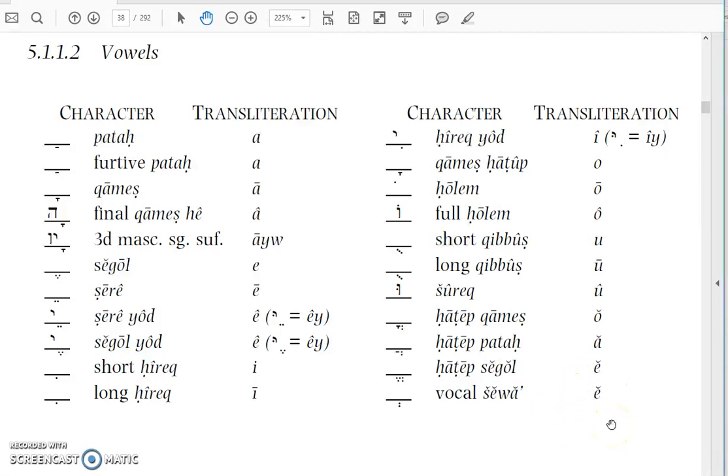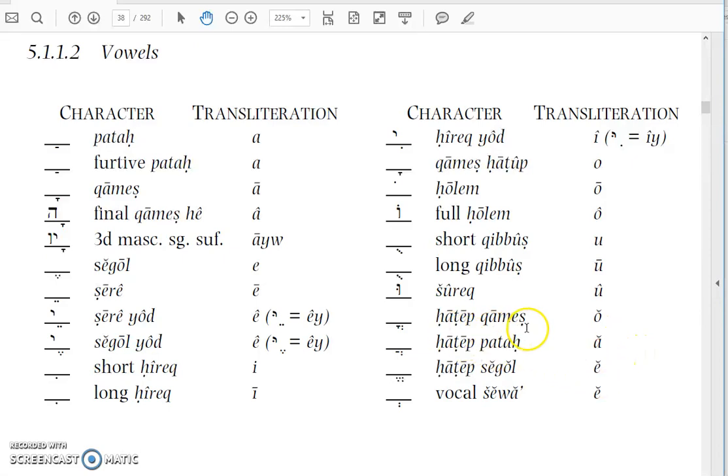That would be the short vocal schwa. But that's exactly the same symbol as the Hataf Segol. So if you have a Hataf Segol, you also get an E with a little short mark on top of it. The Hataf Patah, again half Patah, half schwa, you get an A vowel, Patah, with a little curvy over it.